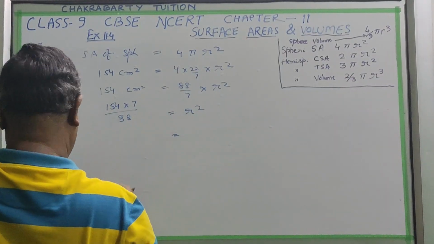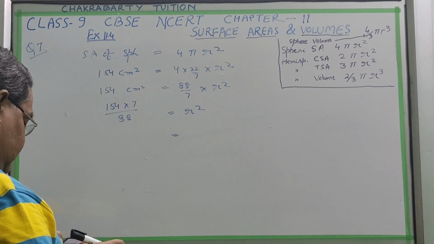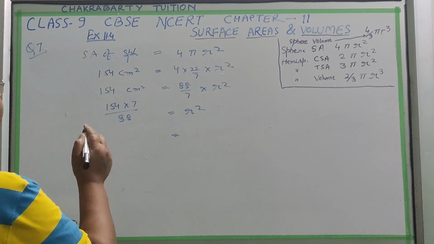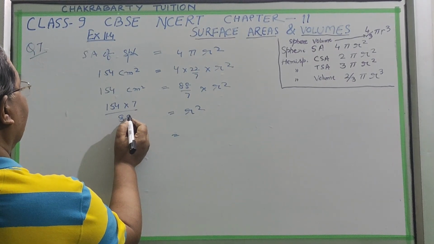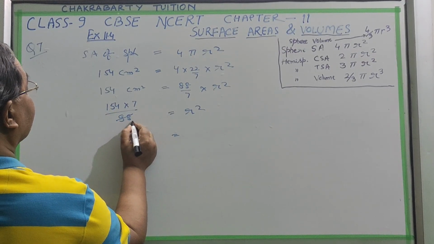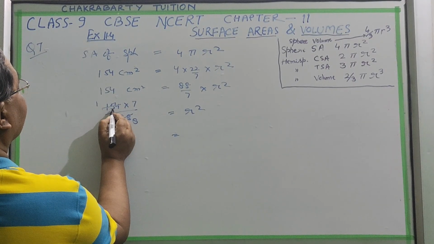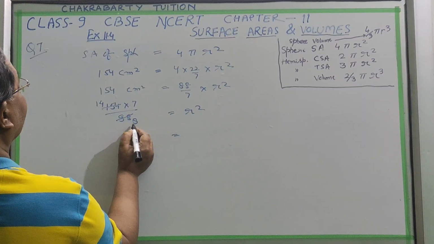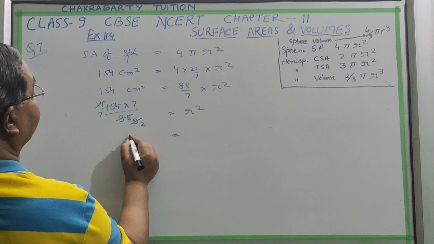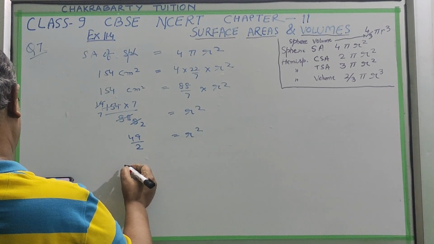Here I am using the calculator. By 11, by 2 coming 7. 7 into 7 is 49. 49 upon 2 is equal to r square.